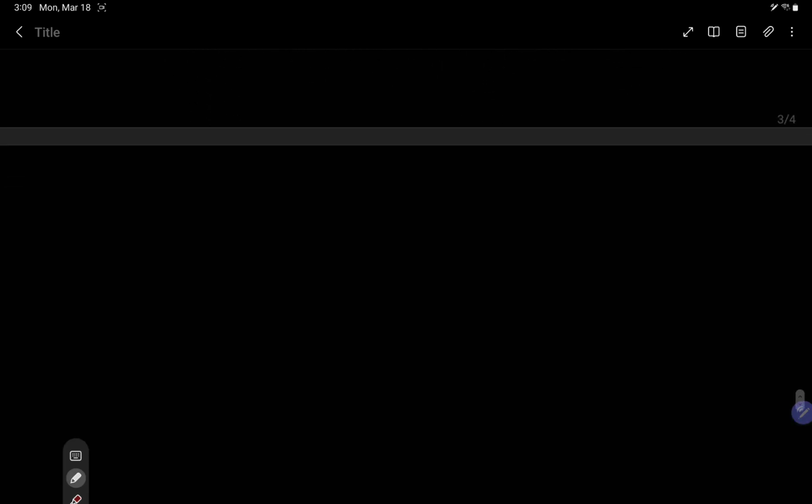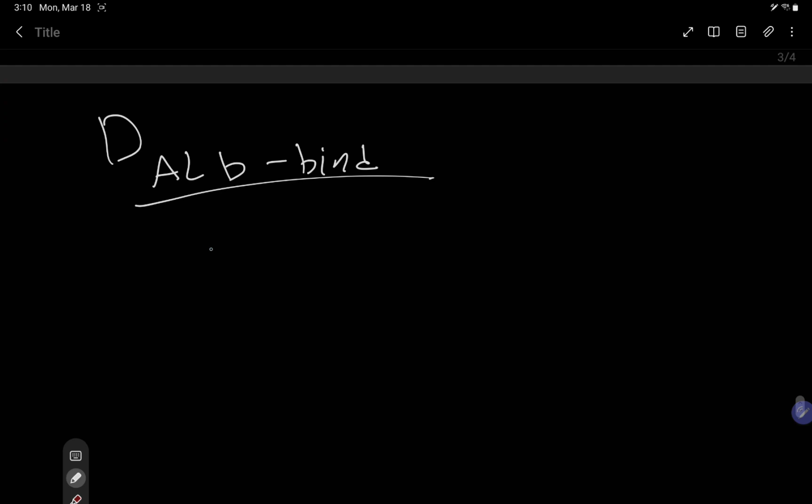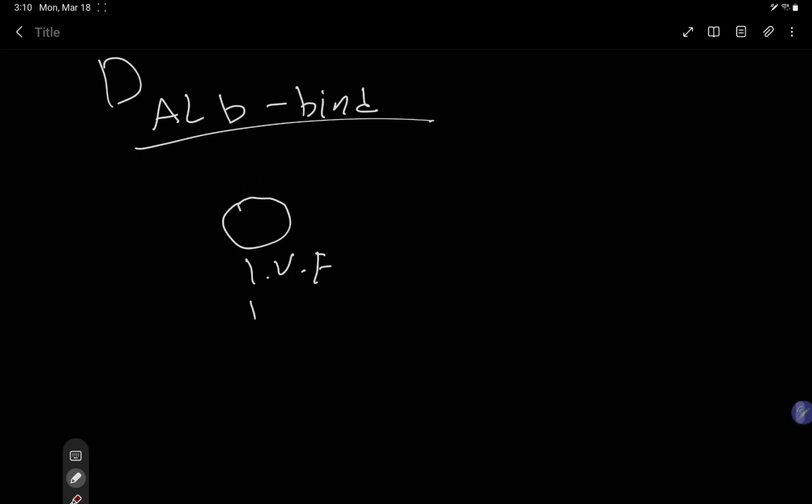So let's review everything. We give a drug. If that drug is albumin binding, it binds to the blood plasma component. It will be contained within the intravascular fluid, having a small volume of distribution.